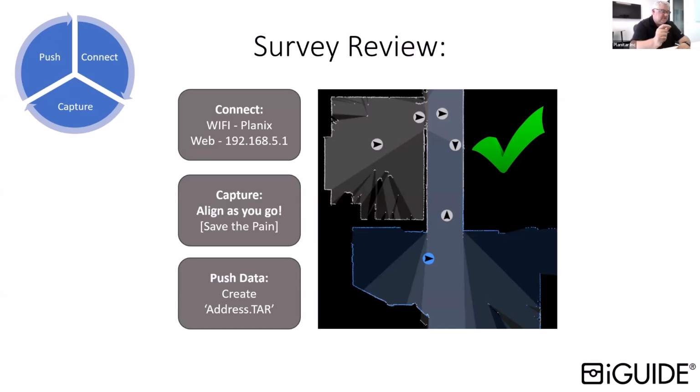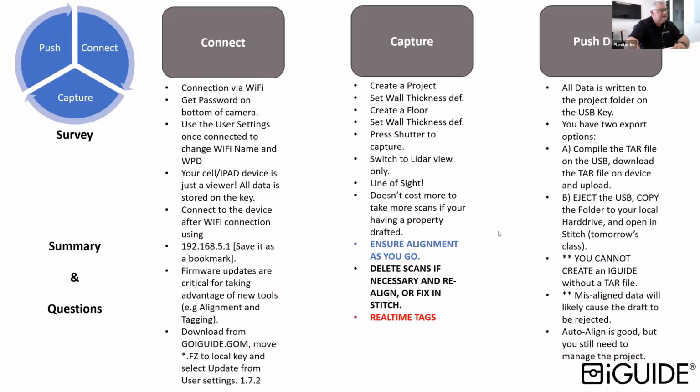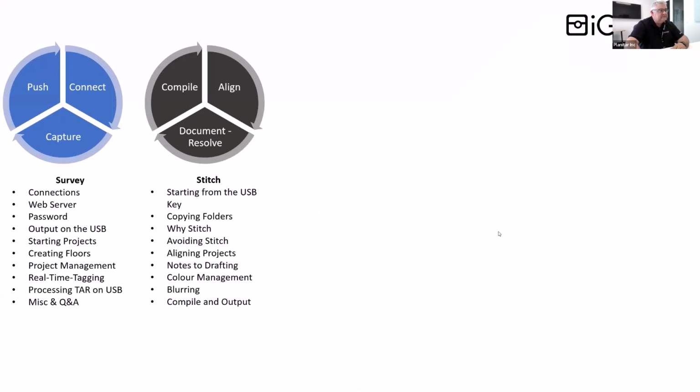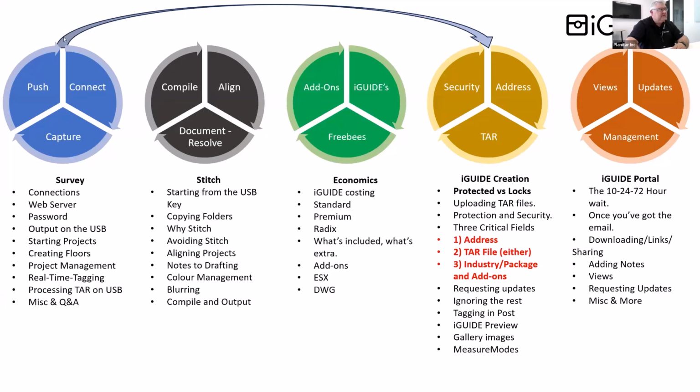Option 2 is to take the folder that gets created. If I created a property called 123 Sesame Street, on my USB key I will have a folder called 123 Sesame Street with all of the LiDAR in it and all of my panels in it, and I'm going to take that folder and move it into the stitch process. Going back to a previous slide to illustrate it, I know I'm jumping around a bit, but you'll notice I put this arrow here.